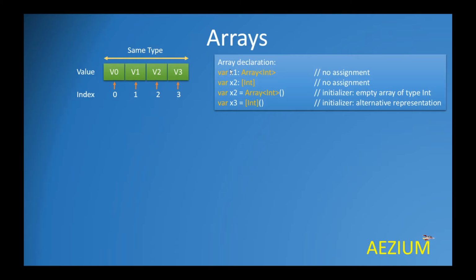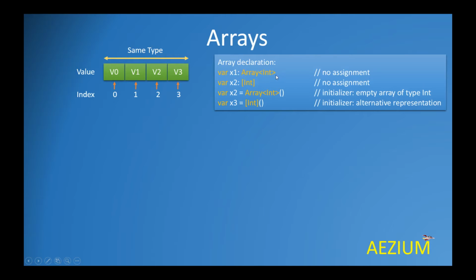It should be noted that indexing starts from 0 in Swift, not from 1. Like other variables of a given type, variables and constants of an array type can be declared separately or can be declared and assigned simultaneously. So here we are showing a few examples of this. x1 here is declared to be a variable, and it's of type Array of integers.